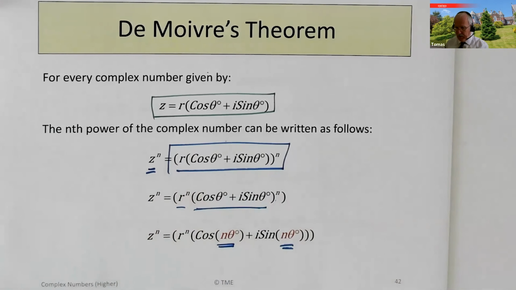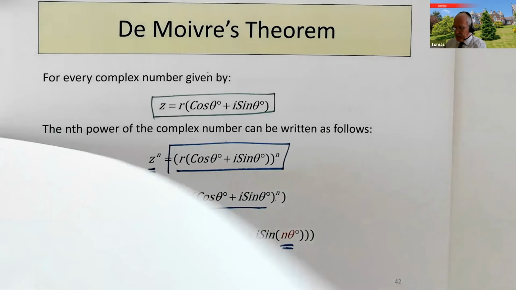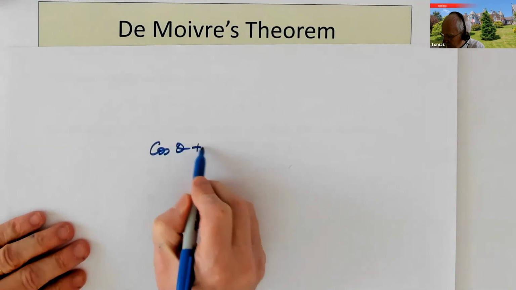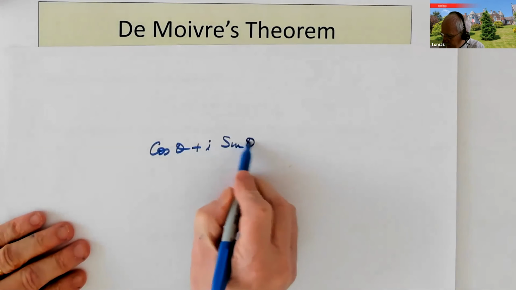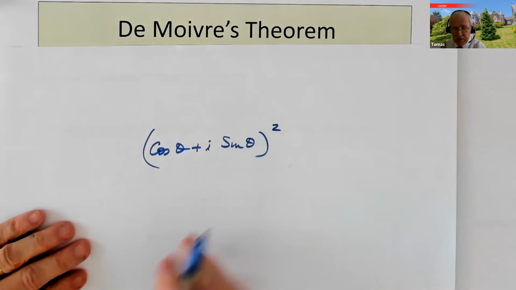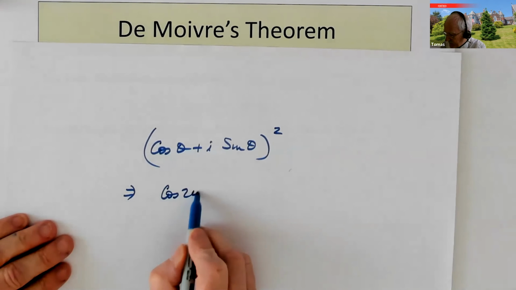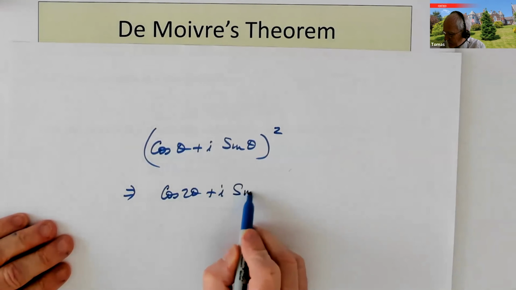And that was a very powerful observation. And you might remember that you did something like cos theta plus i sine theta, if we wanted that squared, we could say that that's equal to cos 2 theta plus i sine 2 theta.